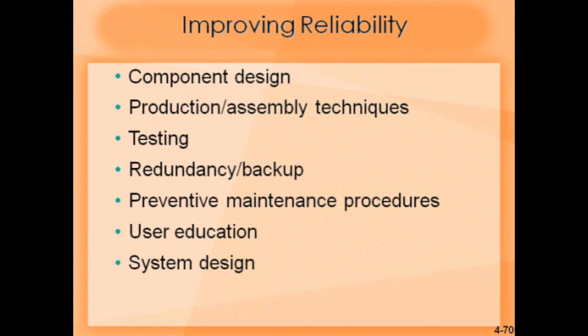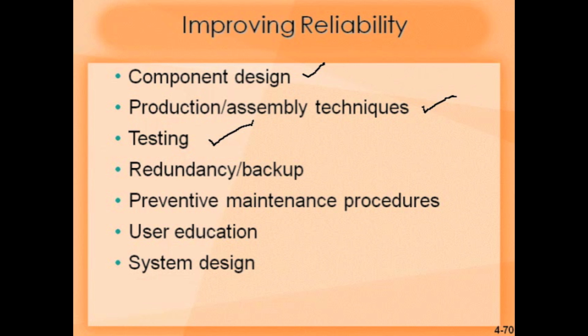So improving reliability is one of the continuous activities a designer has to work on. They always look to improve reliability. It involves component design, because ultimately the entire product is made up of many components. Production and assembly techniques are used. They use testing; after designing, it has to be tested.